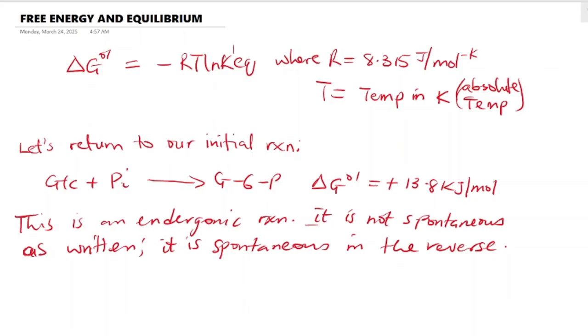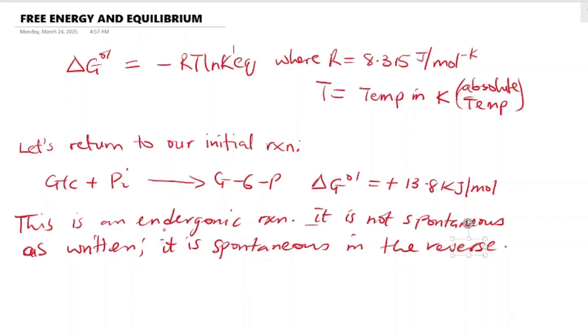Alright, so what this tells us is that under standard conditions, where we are looking at 1 molar concentration of all the reactants, this reaction is not wanting to move forward naturally, it wants to move backward.